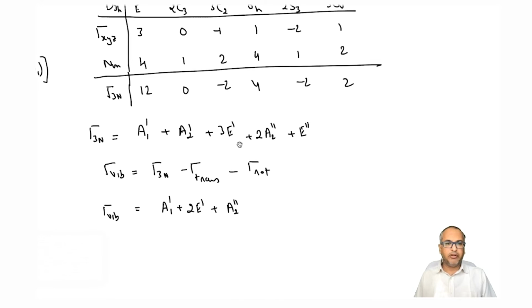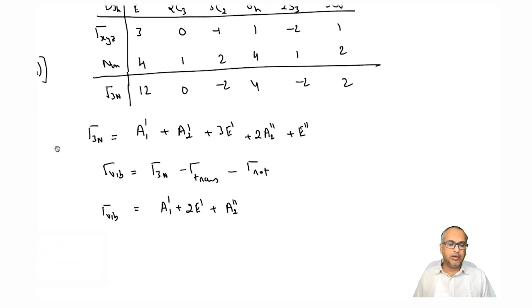Now what we have to do is use internal coordinates to help visualize this. So let's start with the change in bond length. So we have N, O, O, O. So we have delta R1, delta R2, delta R3.